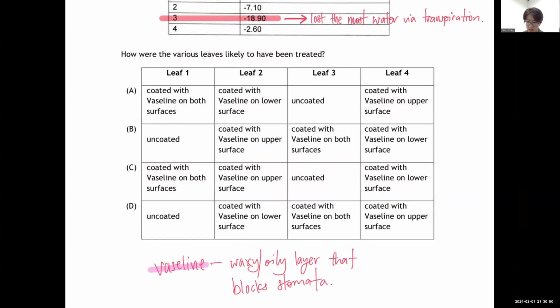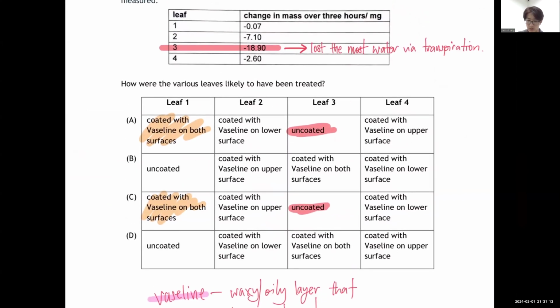So you look at this one. Lost the most water. Yes, lost the most water. Very good, Claudia. Alright, so we are looking at must be uncoated, means all the stomata exposed, lose a lot of water vapor. So then how? I tell you all, no need to look at this because these two are the same. The only difference is 2 and 4. Use this.